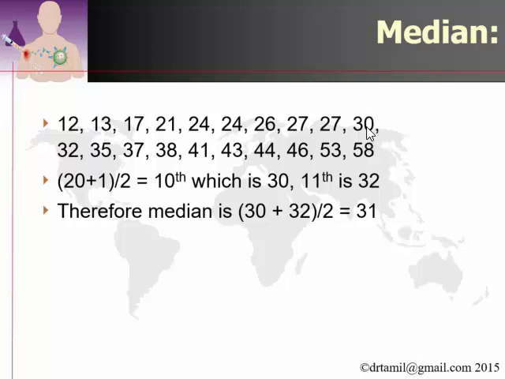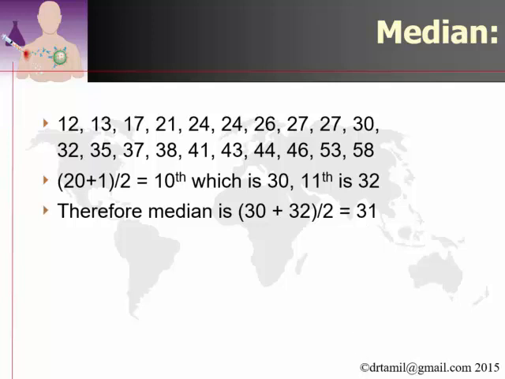So middle point is between 30 and 32. Betul tak? Because we got two values in the middle, we have to get the average. So 30 plus 32, and then you divide by 2, you end up with 31. So the median is 31.